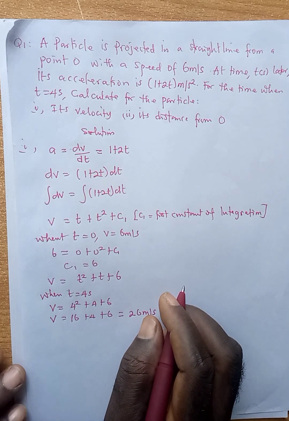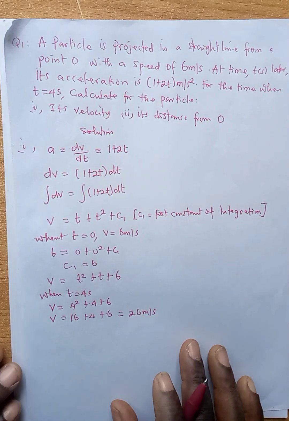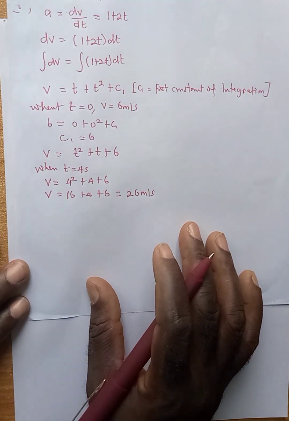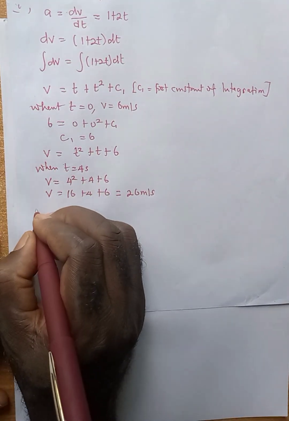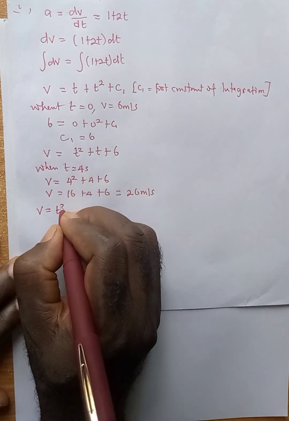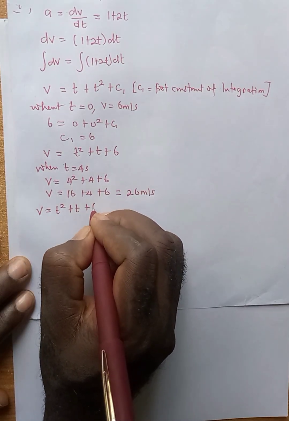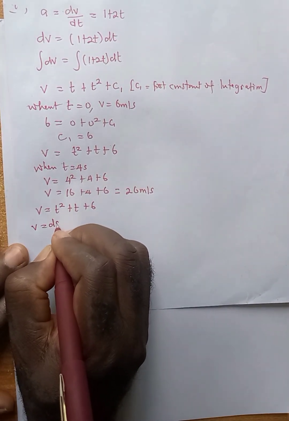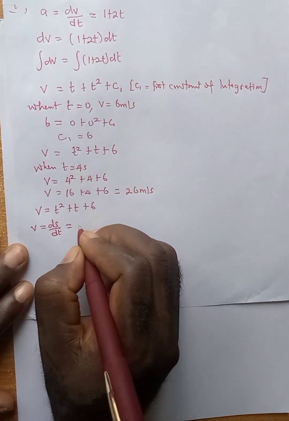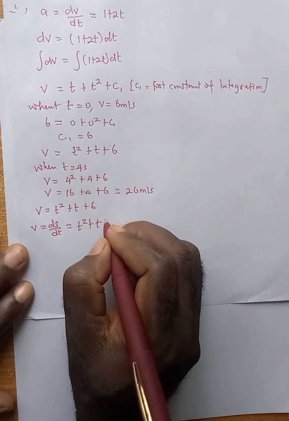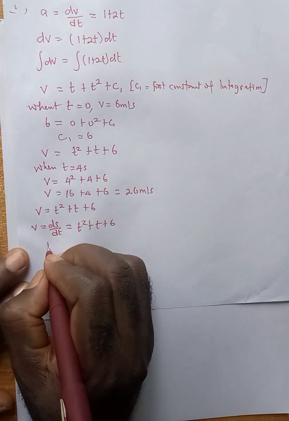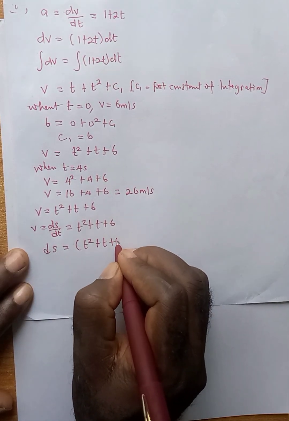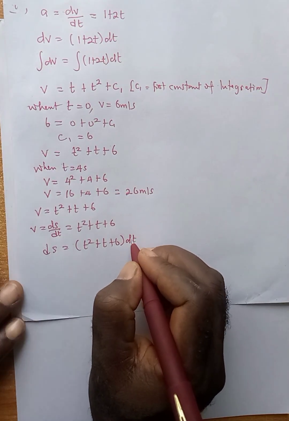Then we have to calculate the distance when the time is 4 seconds. We know that to get the distance function, we need to integrate the velocity function. The velocity function is given as v equals t squared plus t plus 6. So we know that velocity is equal to ds/dt, which is equal to t squared plus t plus 6. So when we cross multiply, we have ds equals (t squared plus t plus 6) dt. We integrate both sides.